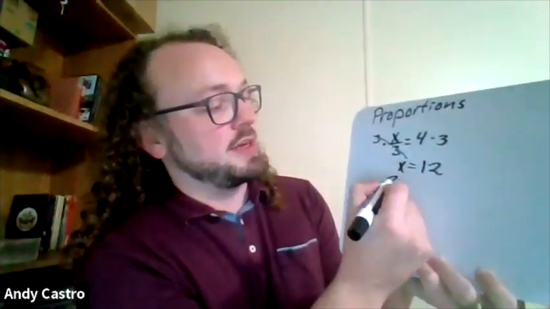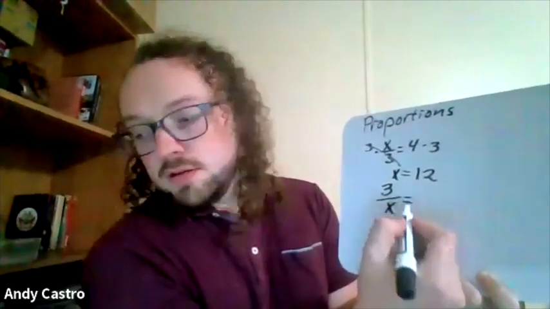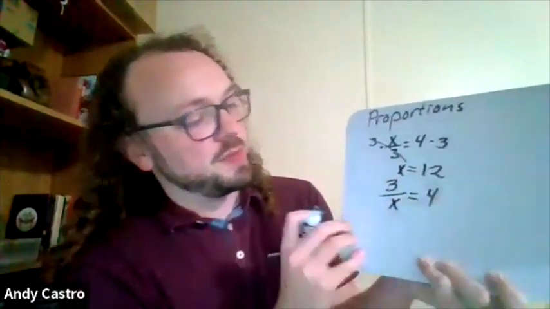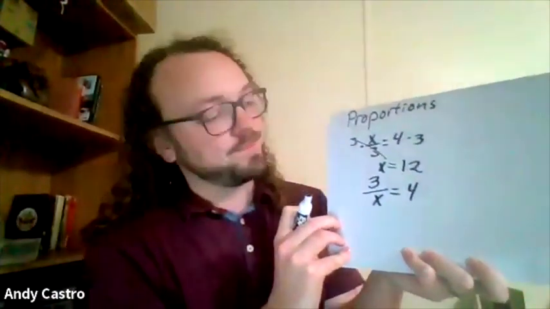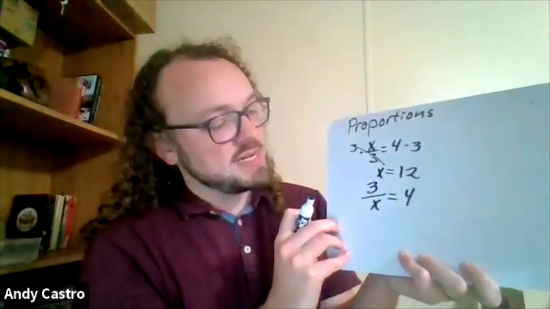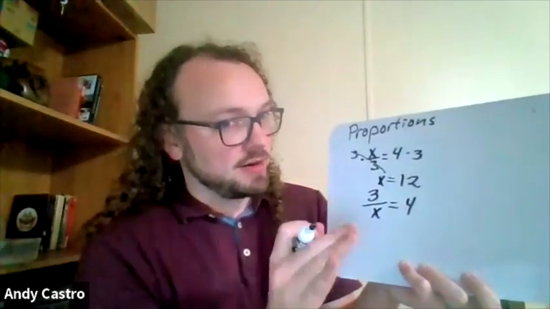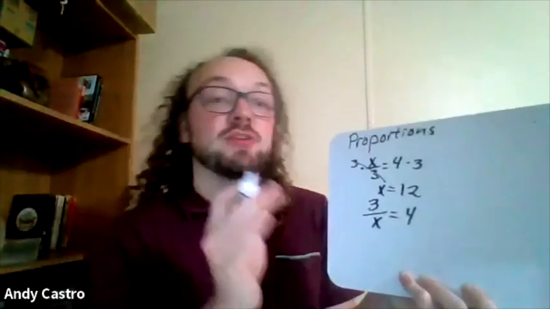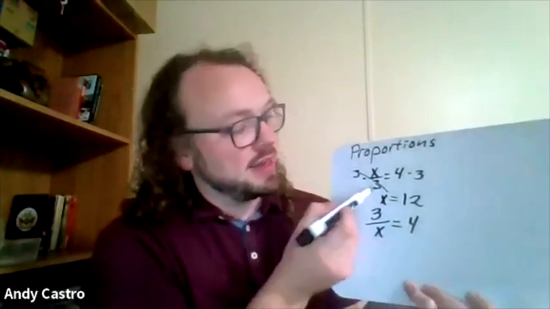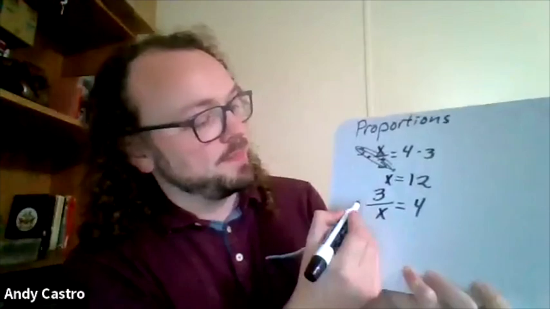Sometimes we might have something like 3 over x equals, I'm going to use the same numbers for a minute here, 3 over x equals 4. Well, I've got x in the denominator, and I don't want it there because I can't really solve for it as long as it's in the denominator. So I'm going to do the same thing to it that I did to my denominators before when I needed to get rid of something.